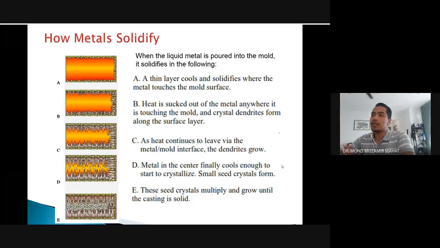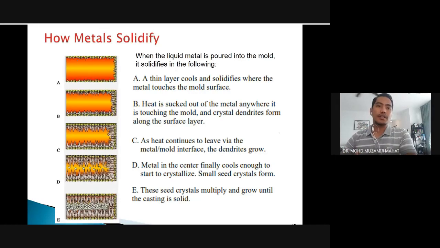And talking about the real process, how metals solidify. These metals are very interesting. We are assuming that this figure shows liquid metal poured into the mold, and it solidifies in the following steps. In figure A, a thin layer cools and solidifies where the metal touches the mold surfaces.